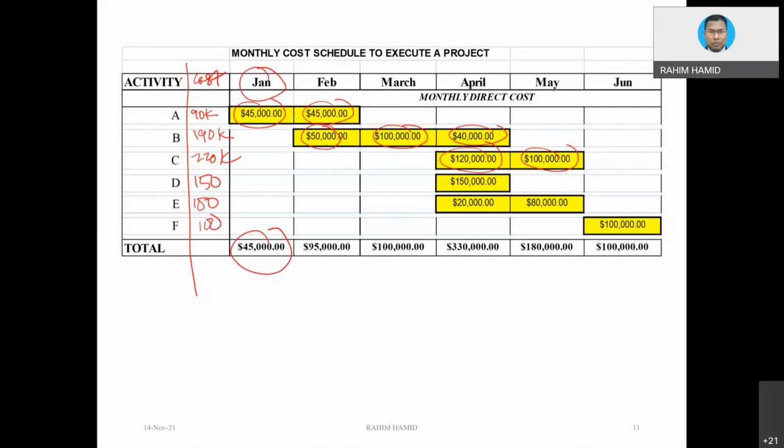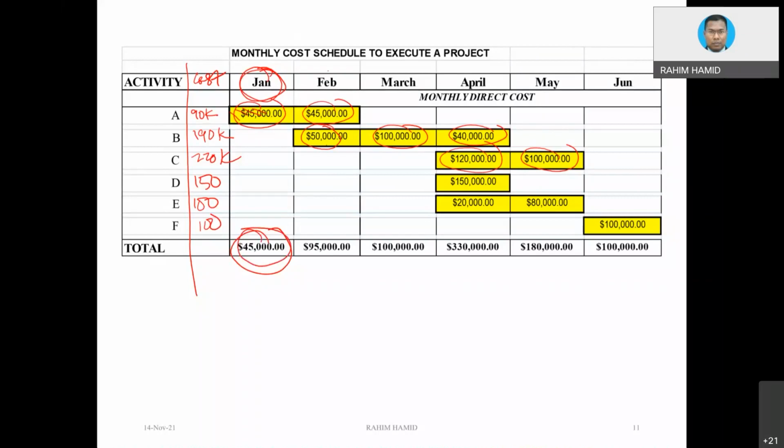Let's say you focus on January. You need to look at what is happening in the Gantt chart during January, which is basically the yellow color there. And how much is the cost? Well, the cost we already distributed, so this is 45,000.